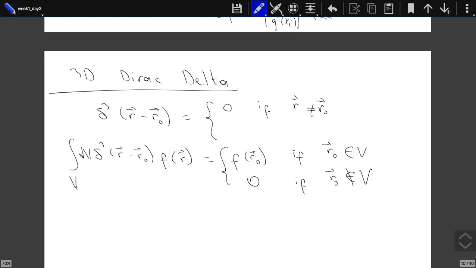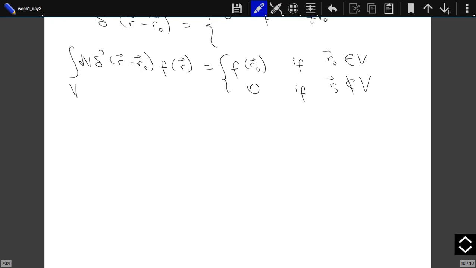In fact, this is the definition in an arbitrary number of dimensions, but for us the relevant one will be the three-dimensional case. In various coordinates, you can, for example, write this as Dirac delta x minus x0, Dirac delta y minus y0, Dirac delta z minus z0.